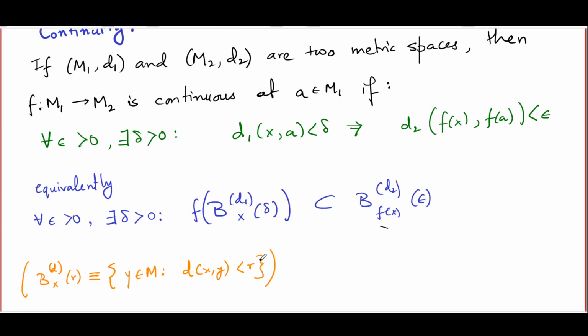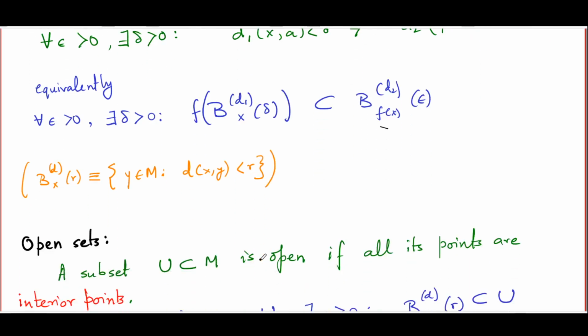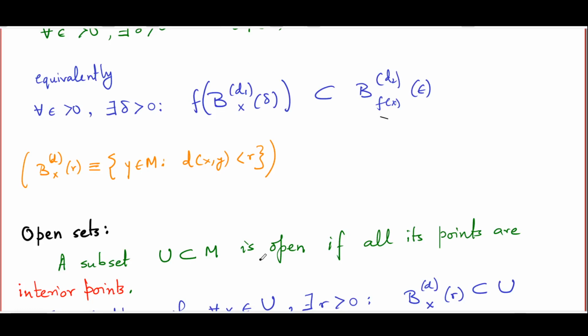Now, open sets on metric spaces are defined concepts. You define them simply by demanding that a subset U of M is open if all its points are interior points.